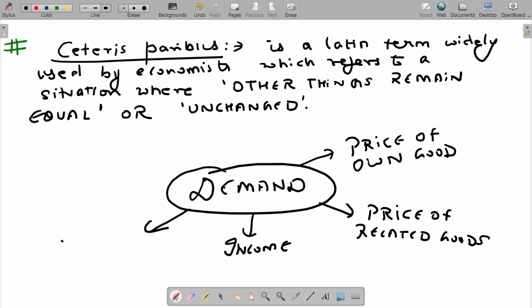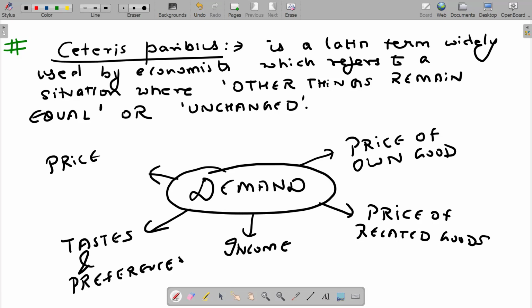It also depends upon my tastes and preferences. It also depends upon price expectations. Do I expect the price of the good I'm willing to buy will increase in the future or not? Price expectations. Okay, so many factors are influencing demand.